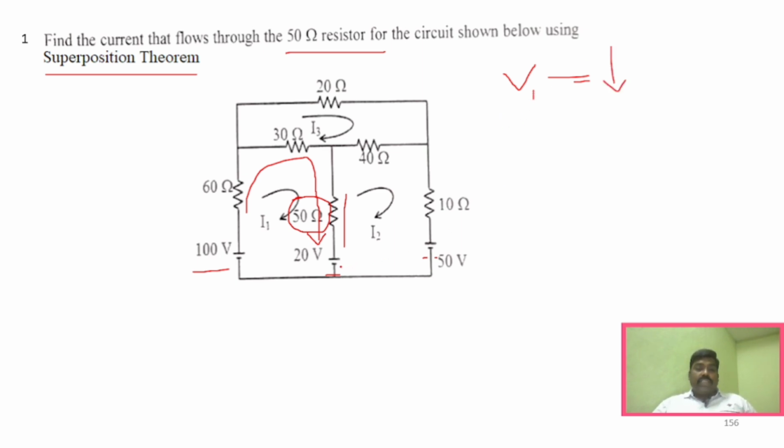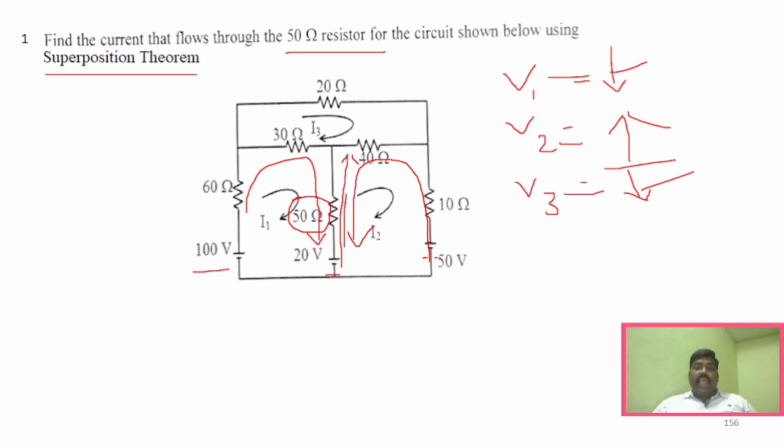For V2, it is from minus to plus, so the current will flow in the upward direction. And for V3, minus to plus, it will flow in this direction again. So the current from these two voltage sources we have to add, and we have to subtract this particular current, right? So same steps we are going to follow.